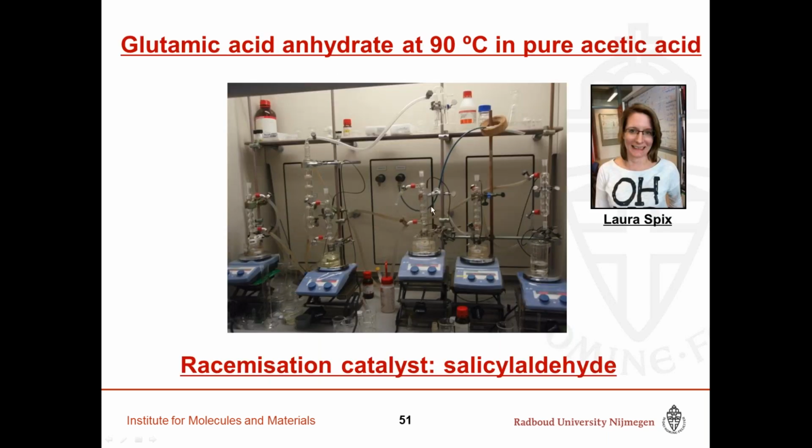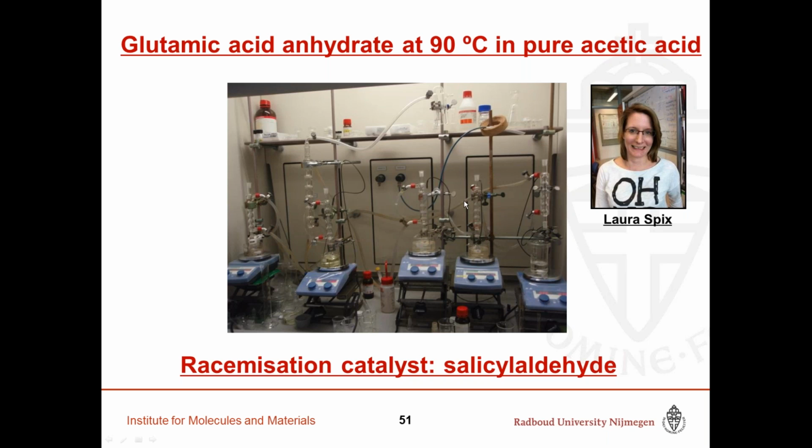Here is the setup, which is a little bit more difficult than you saw before because you need a cooler because of the high temperatures, and of course now you also need to control the temperature besides having the stirring bar with the glass pearls in your vessel. But still, for a chemist, this is quite a simple setup, I guess.